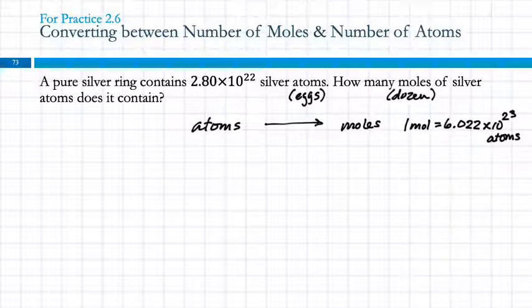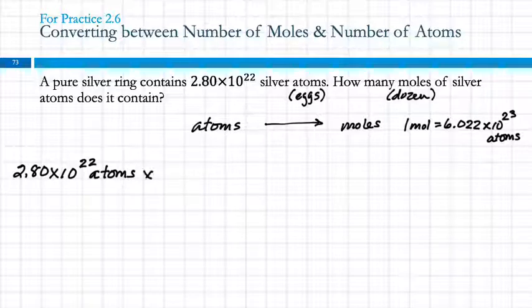So we'll start with atoms. 2.80 times 10 to the 22 atoms. And I want moles up here and atoms down there. So the units work out.